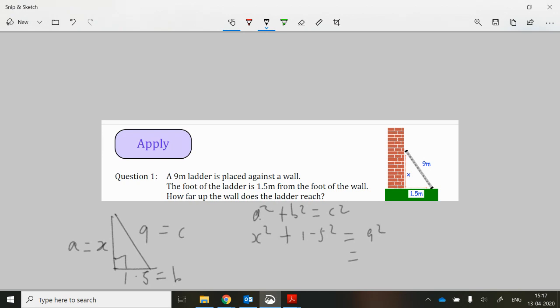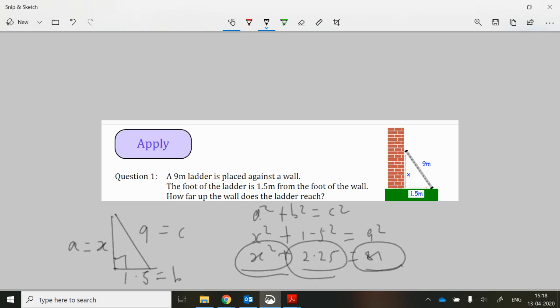I'm going to need my calculator for this. 9 squared is 81, and 1.5 squared is 2.25. Now, in order to solve this, something squared plus 2.25 is 81.